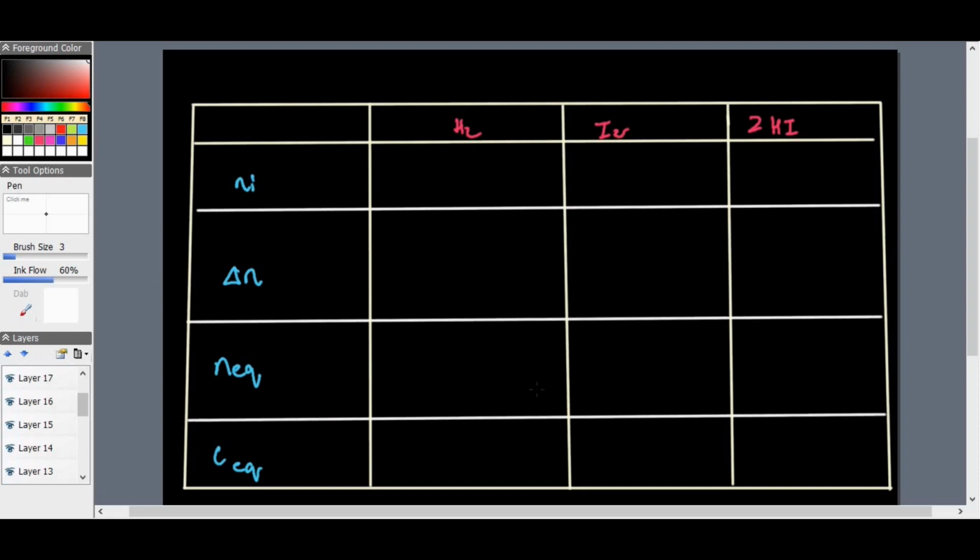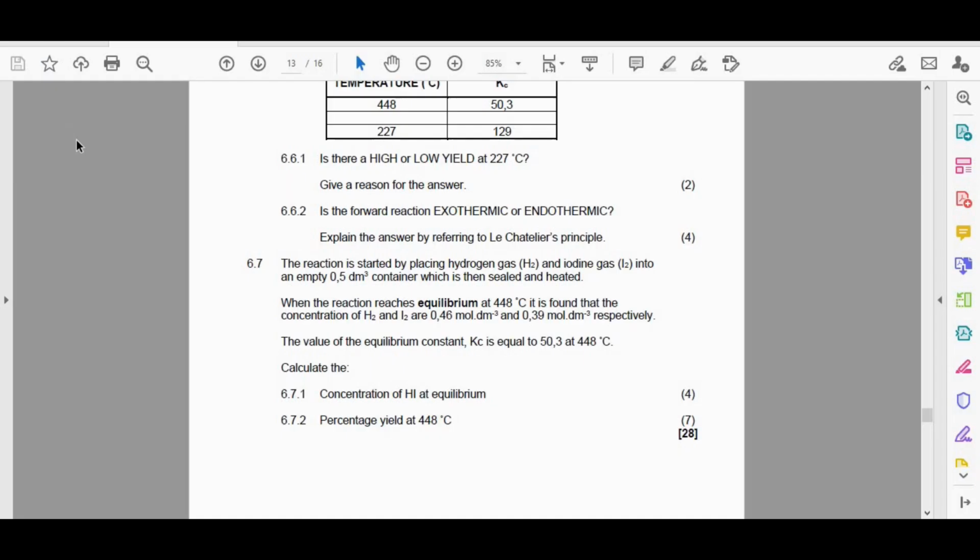Okay, so let's see what else they gave me here. They gave me the concentrations of them all.